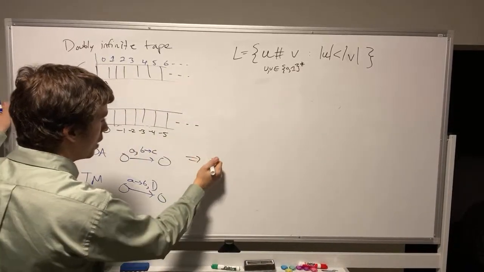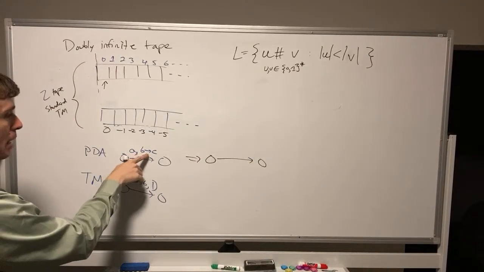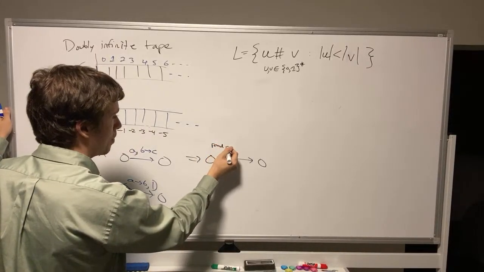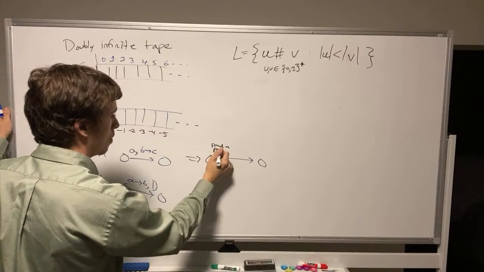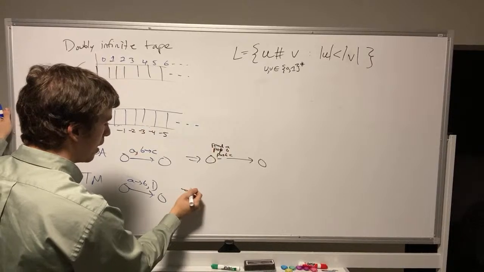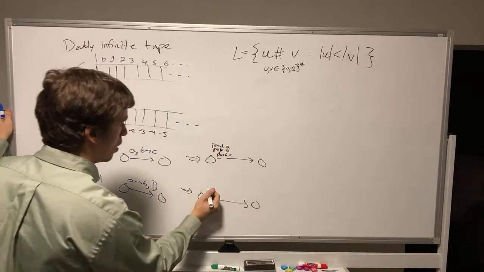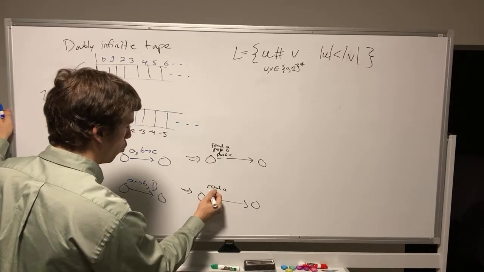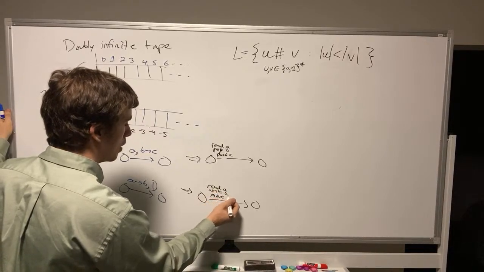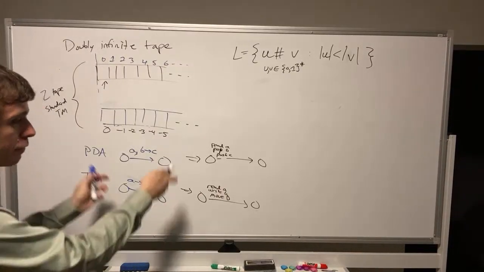So what we can convert this to instead is to say, well, here we're reading an A, popping a B, and pushing a C. But let's write that: read A, pop B, push C. And then in the Turing machine version, we would say read A, write B, move D. And then that's a lot clearer to differentiate the two.